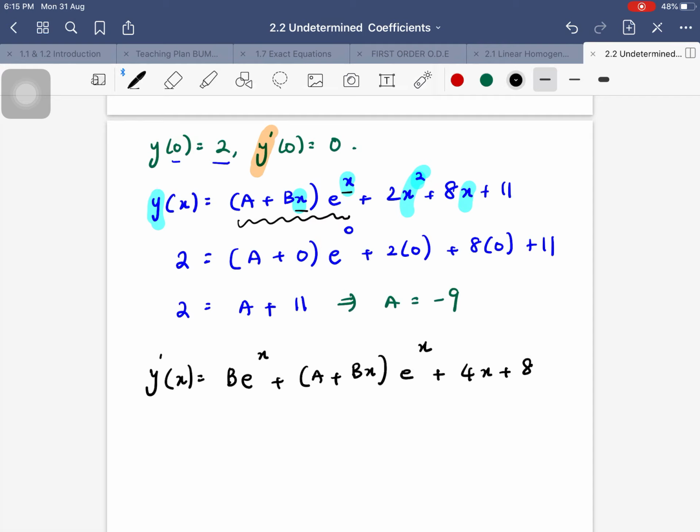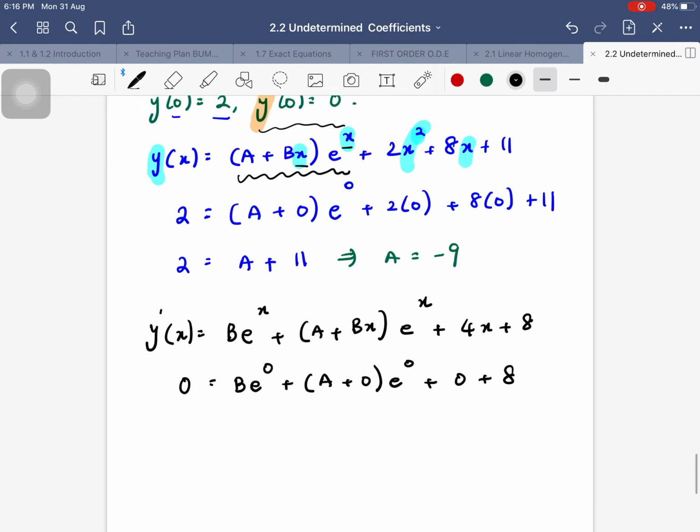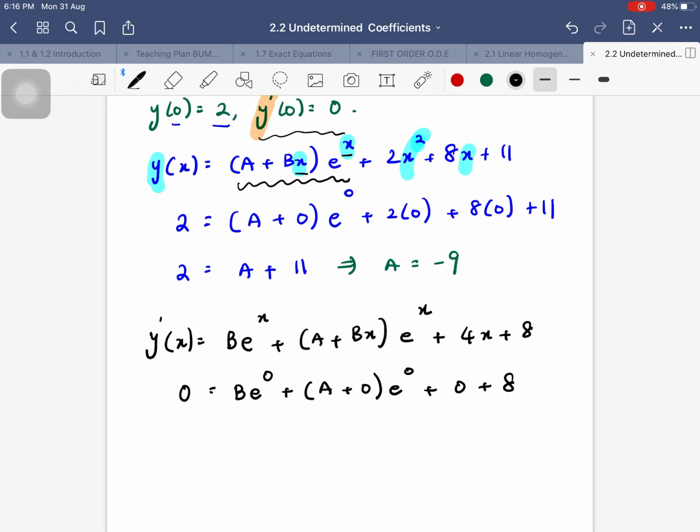Alright, so now that I have this, I can substitute using the second initial condition. My y prime and x are both 0. So I will get 0 equals b e^0 plus (a + 0)e^0 plus 0 plus 8. Let's simplify this. What happens is that I will get b plus a equal to negative 8.